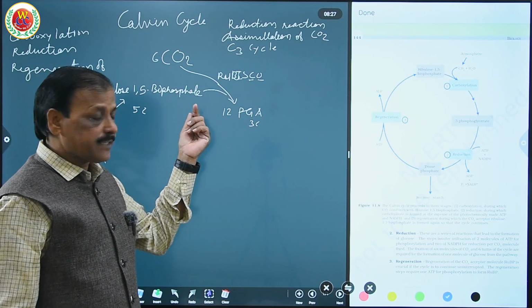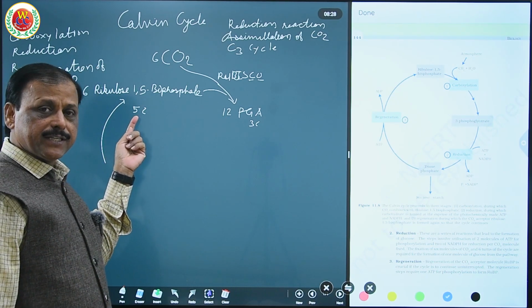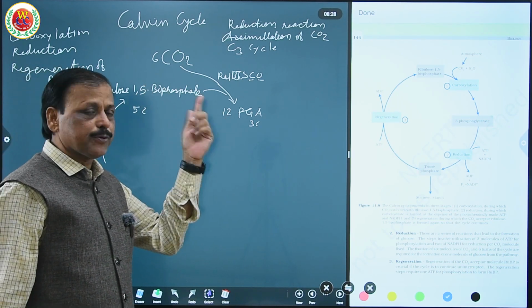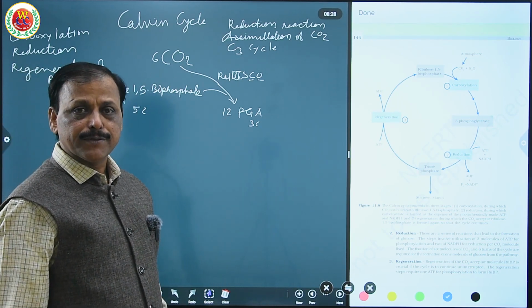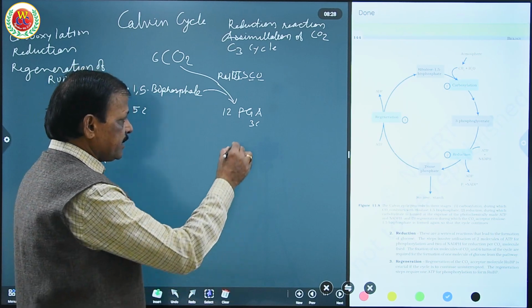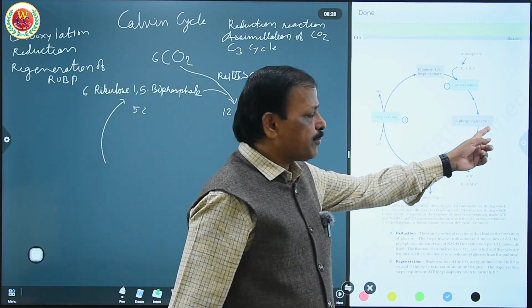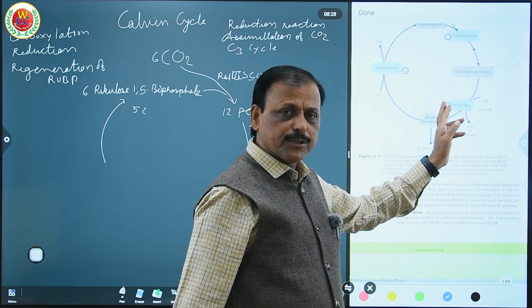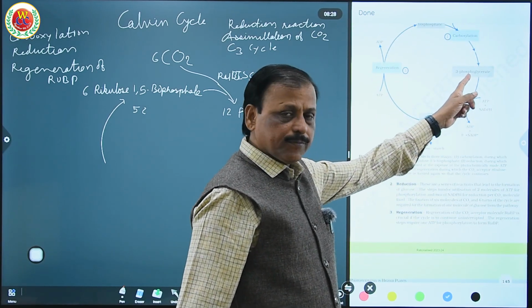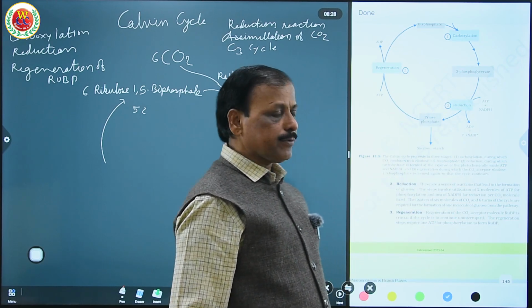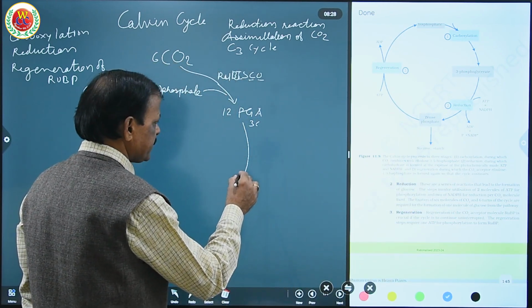So let us check: 6 into 5, 30 plus 6 carbon, 36, to produce 12 molecules of PGA with 3 carbon compound. This phosphoglyceric acid is 3-phosphoglycerate, where the phosphate is attached to the 3rd carbon of the glyceric acid.